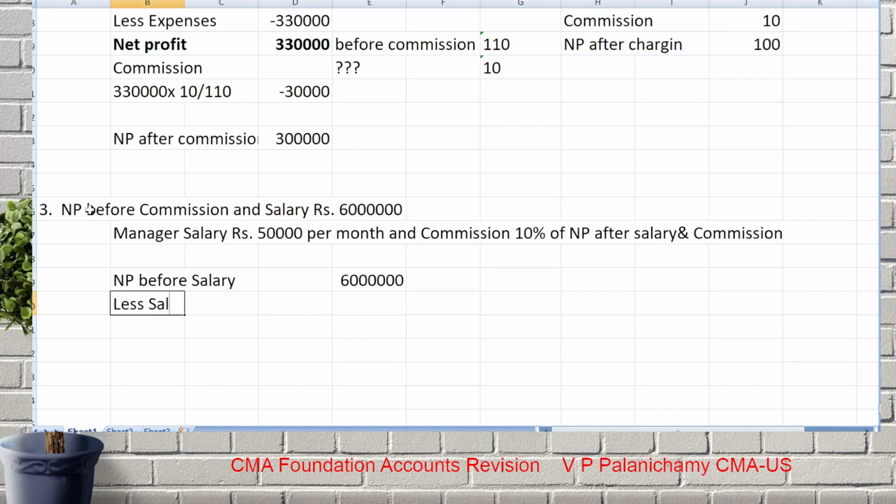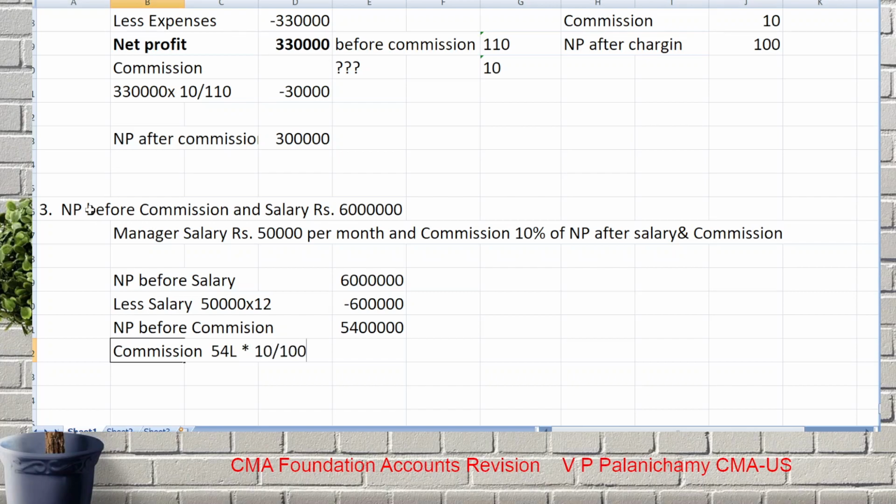Less salary first. Salary will pay 50,000 into 12, so 6 lakhs. So this will give us net profit before commission. 54 lakhs. Commission will be after charging or before charging? After charging. 54 lakhs into 10 by 110.